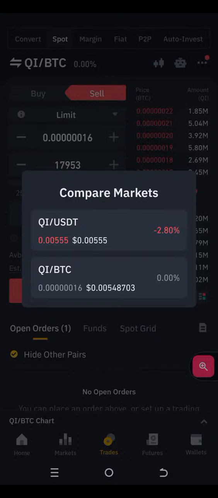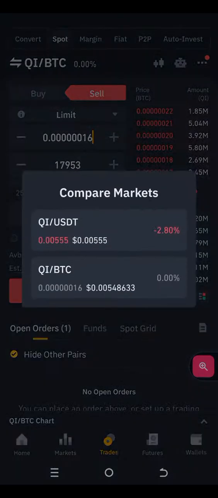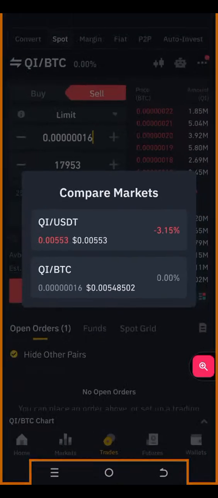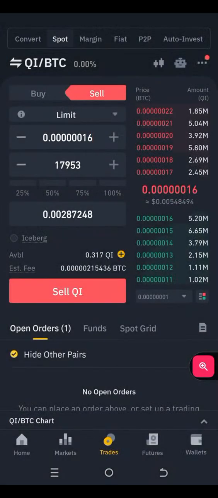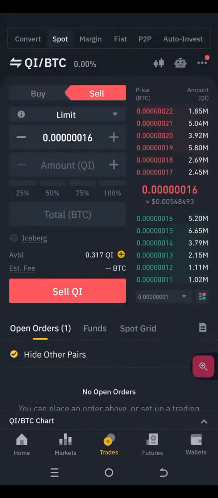It's lower than USDT. Look at it. Let me look at that again one more time. Show it to you. Just right now, the price has changed. It was supposed to be 5.8. Now it's 5.48. I tell you, you can't make money with this. So if I go and take the same amount back to BTC, it's the same thing that's going to happen.